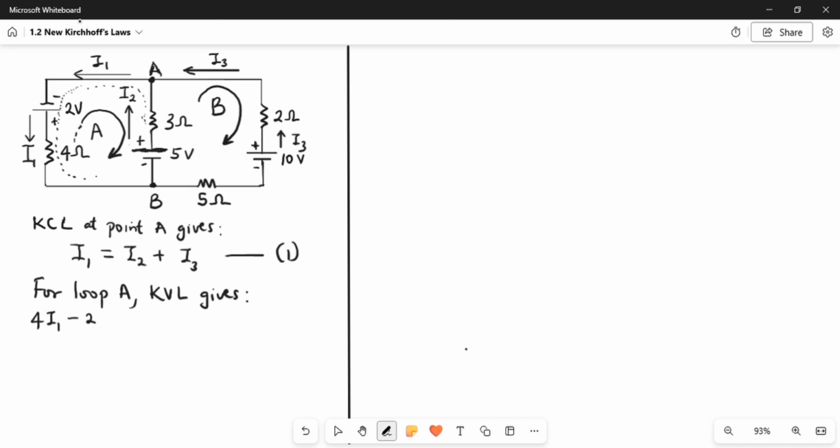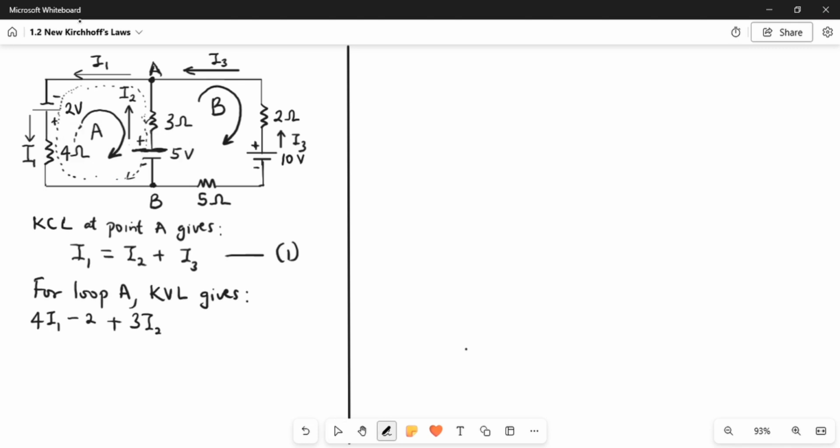The clockwise direction is opposite the direction of I2. So the potential drop here is going to be positive. So say plus 3i2. And on getting to this battery, we are exiting through the negative terminal.